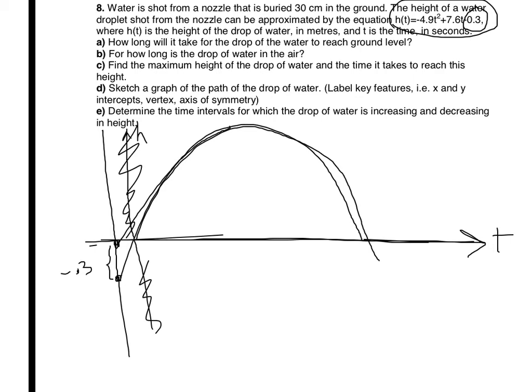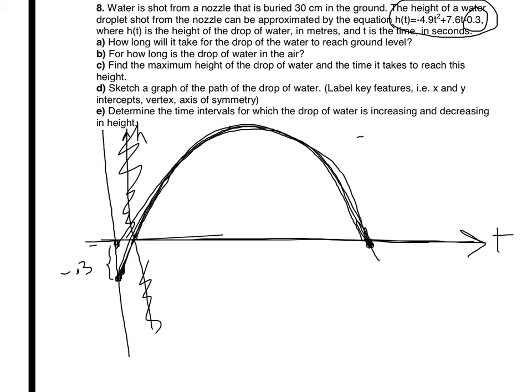Now, the question is, for how long is the drop of water in the air? Meaning, tell me how long from here to here when it hits the ground. I want this time. So to find this, I'm going to make h of t equal to 0, because when it hits the ground here, h is 0.